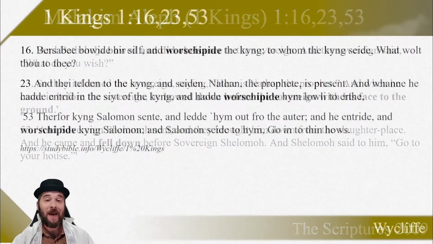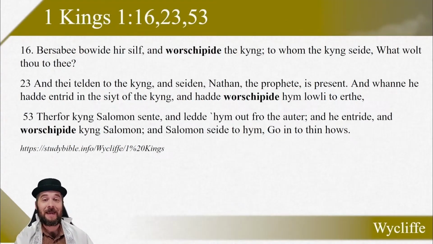For instance, in the Wycliffe Bible, which predates the King James, here it says in verse 16 that Bathsheba bowed herself and worshiped the king. And then in verse 23, that Nathan entered in the sight of the king and had worshiped him lowly to the earth. Then in verse 53, talking about Adoniyahu, says came before King Solomon and worshiped King Solomon.